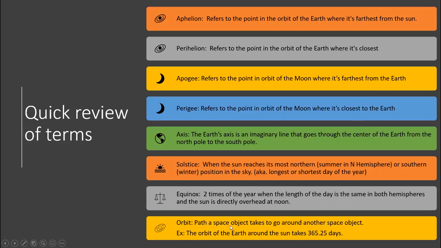The orbit is the path a space object takes to go around another space object. For example, the orbit of the Earth around the sun takes 365.25 days. It's not the exact 365 days.